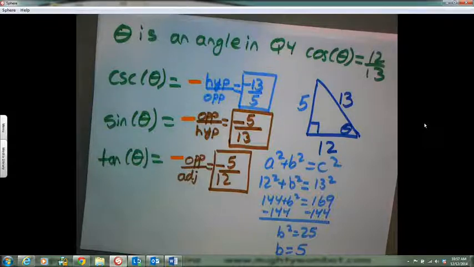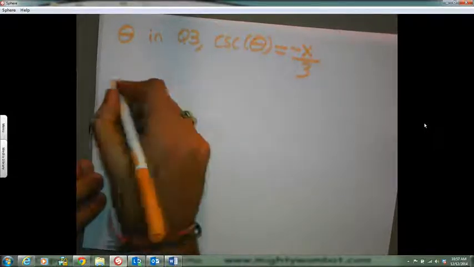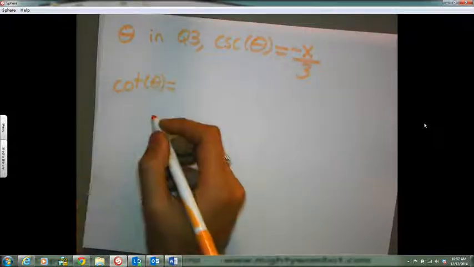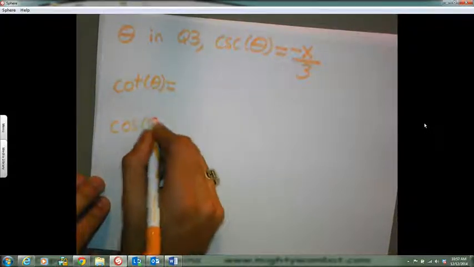So here's what we've got so far. Theta is in Q3, and the cosecant of theta is negative x over 3. And they want me to find cotangent theta, cosine, and sine.